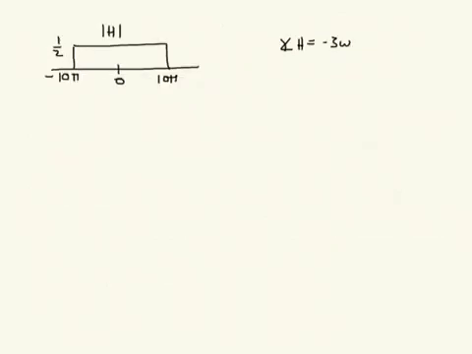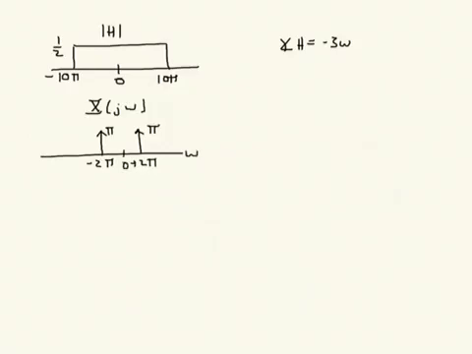Okay, so this was the frequency response of the system that we started off with, and we remember that the input to the system was cosine 2 pi t. So we know what the Fourier transform of the cosine looks like. The cosine has simply two impulses with area pi at the positive and negative frequencies.